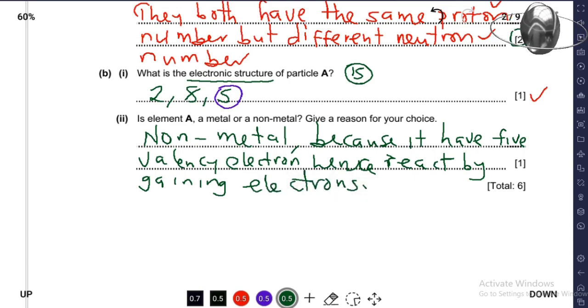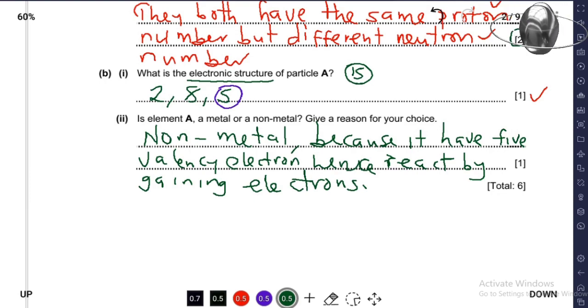Non-metals react by gaining electrons. Metals react by losing electrons. It is easier for metals to lose 1 electron than gaining 7 more electrons as for that atom to be stable. That's the reason why metals lose electrons so that they can become stable. Non-metals gain electrons so that they can become stable.